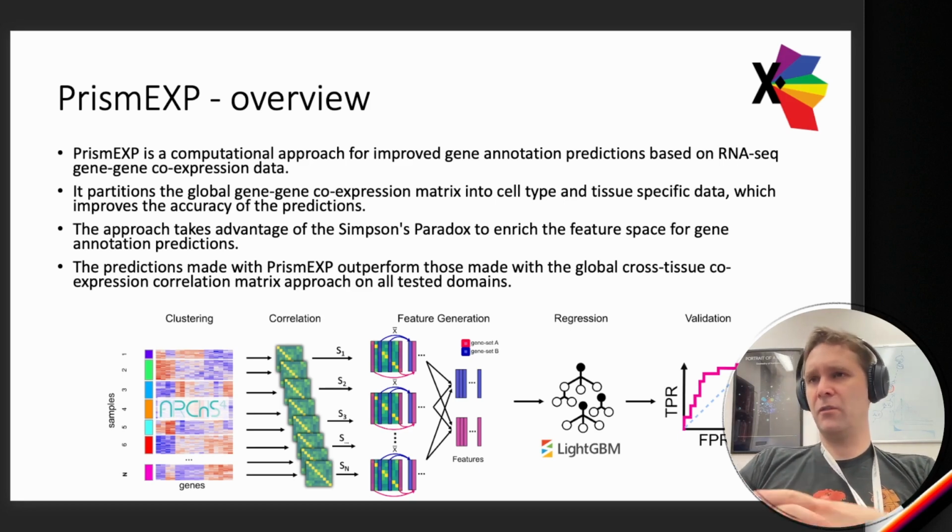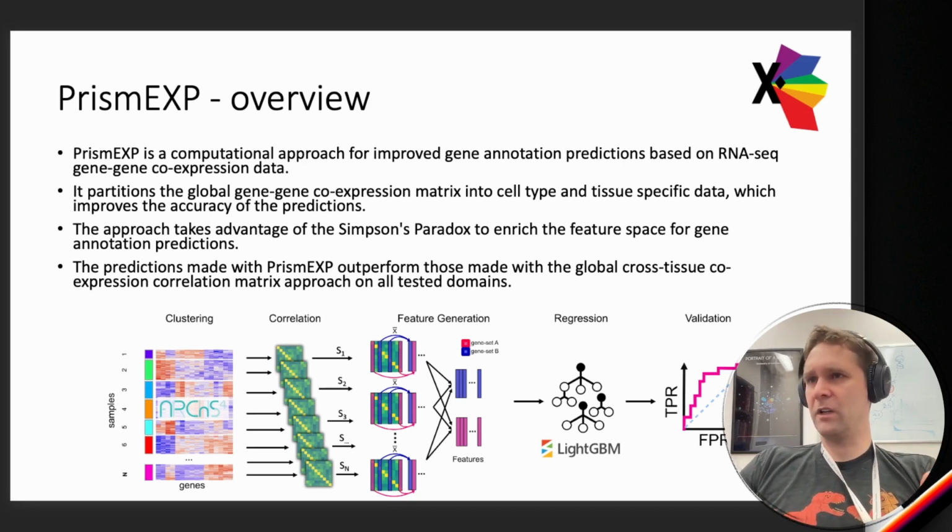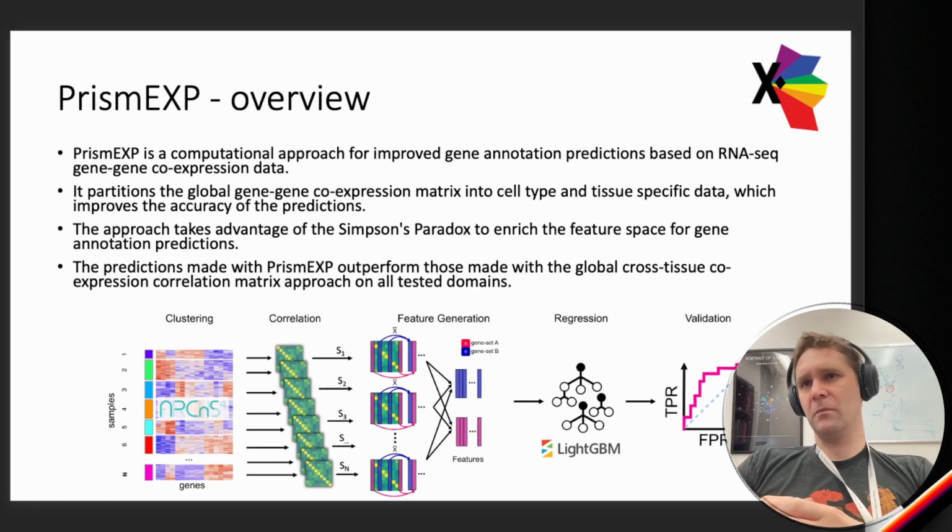The issue is if we would take these large data sets and then calculate a global gene-gene co-expression matrix, then we really simplify the view of the complexity of the gene expression space. So PrismEXP tries to take advantage of the Simpson's paradox to build a rich feature space for a machine learning algorithm to do these gene predictions, these gene annotation predictions.